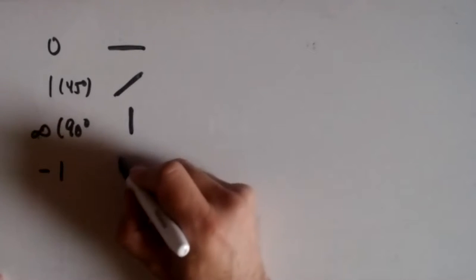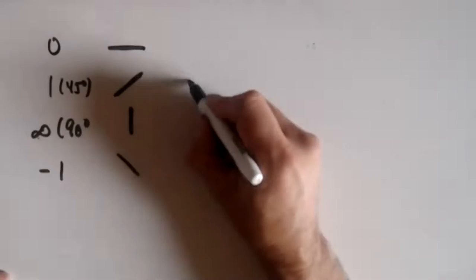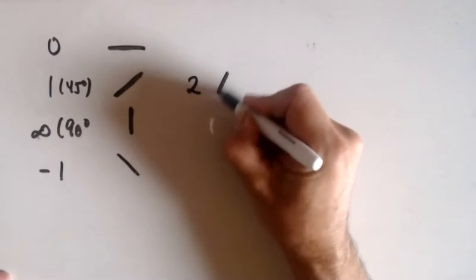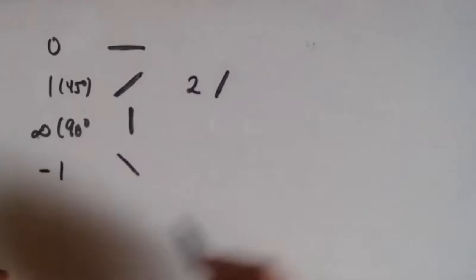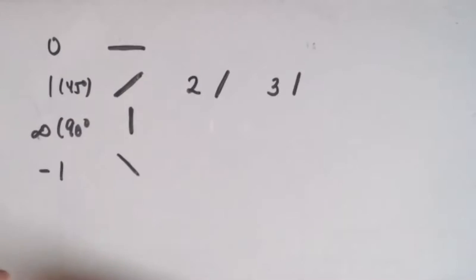correct? Then you know that if you have slope -1, the slope is in this direction, correct? Now, if you want to represent any slope, for instance, 2, you know that 2 is steeper than this, so you pretty much can represent this. And if you want slope 3, this is a little bit steeper, right?